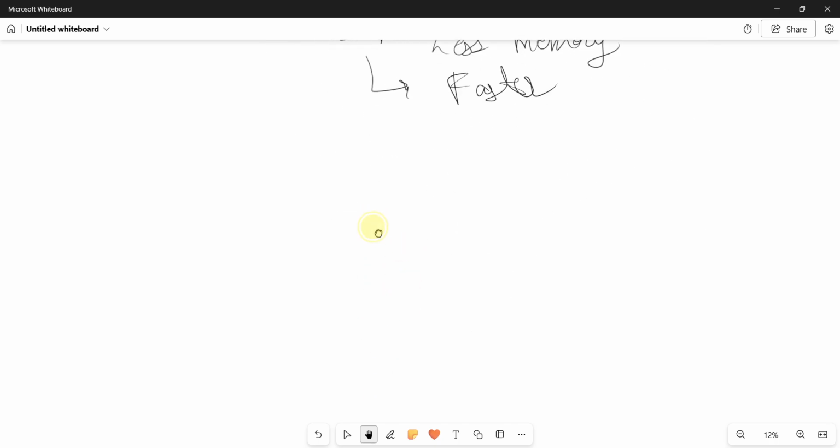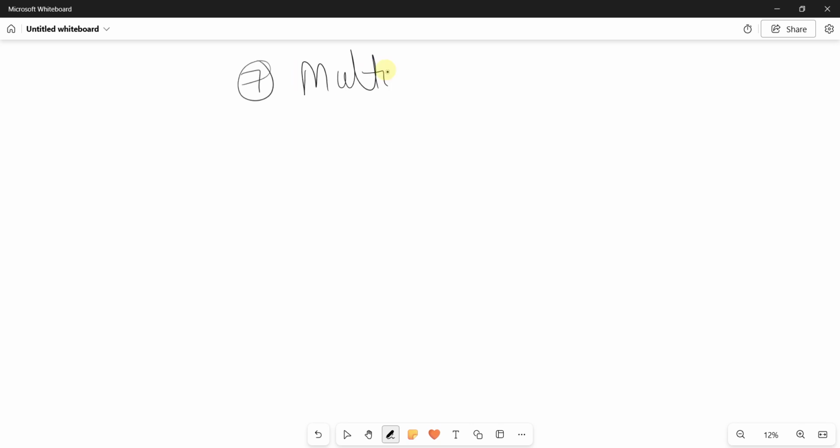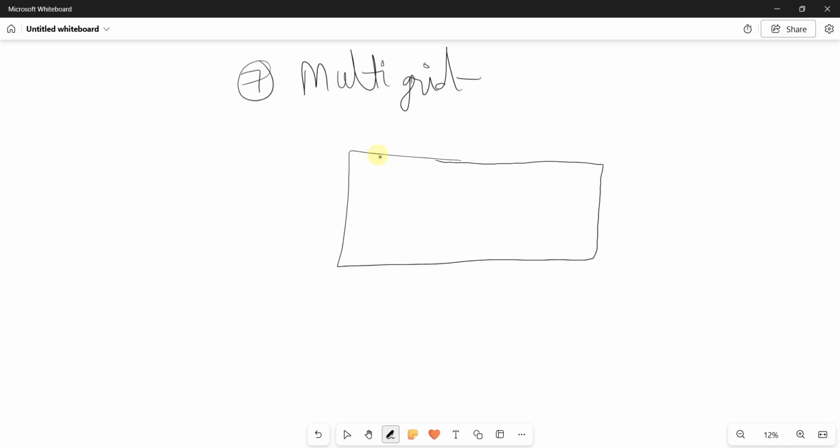So now next are important ones. The seventh one is multigrid. So this is kind of important to understand what multigrid does. When you're finding errors across a mesh, right? So there's a mesh, and suppose it's very fine.